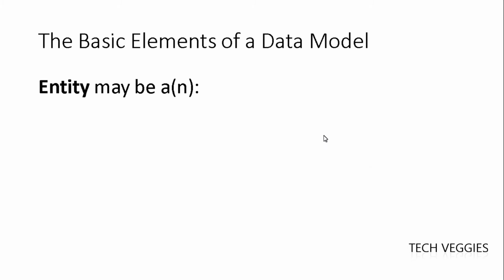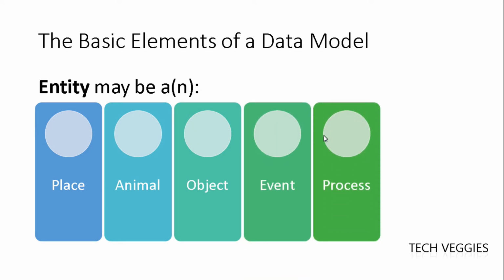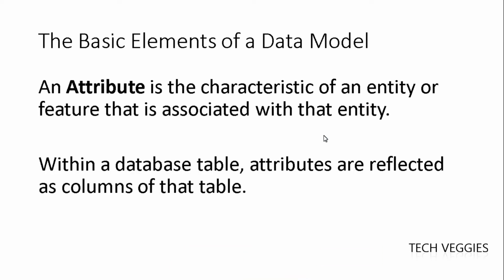An entity may be a place, animal, object, event, or process. An attribute is a characteristic of an entity, or a feature that is associated with that entity. Within a database table, attributes are reflected as columns of that table.